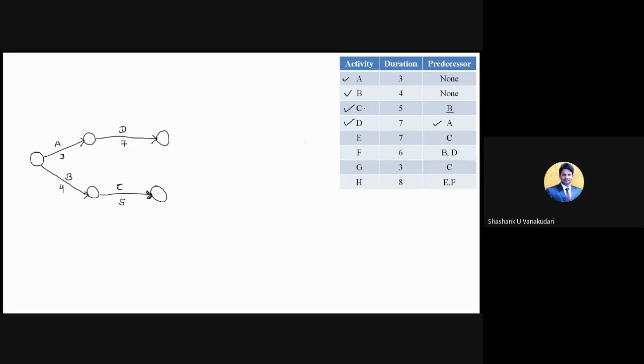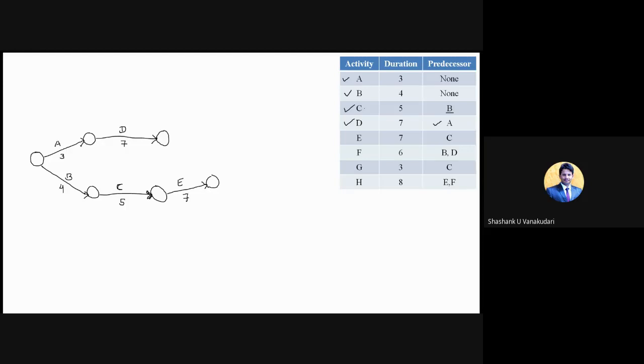Now moving on to the next, for E activity, C is the predecessor. So I draw this arrow, which indicates activity E. For this activity E, C is the predecessor. So this condition is satisfied now. Clear? For this E, 7 is the duration.